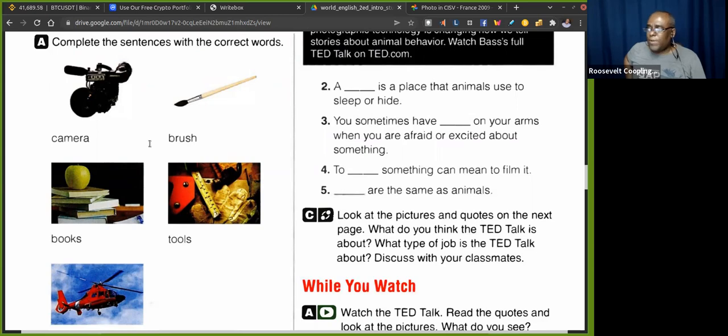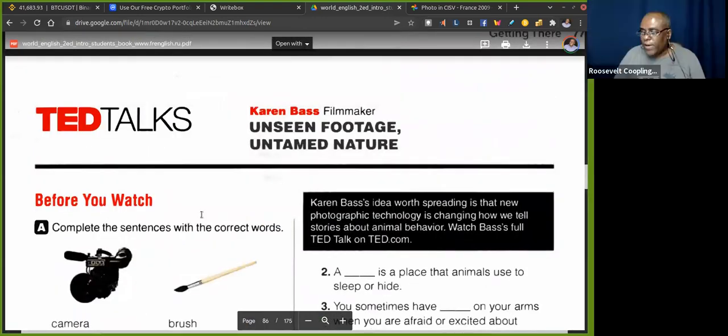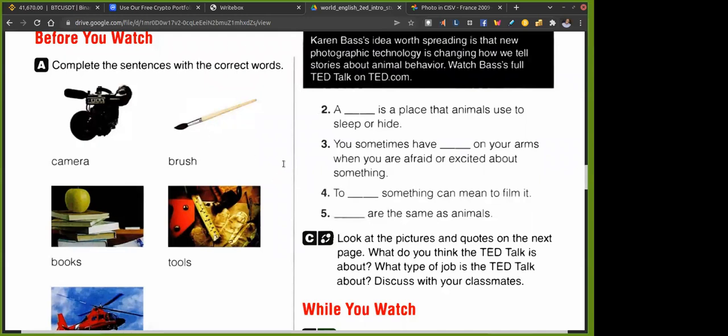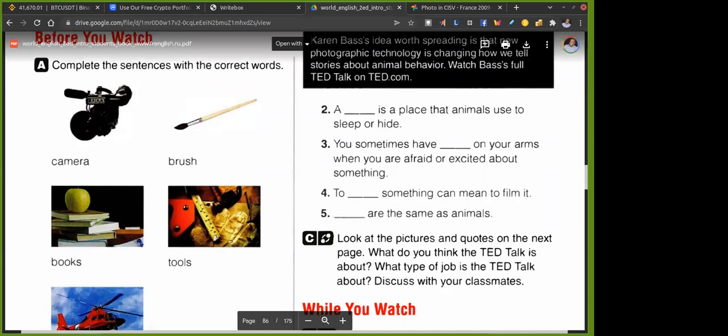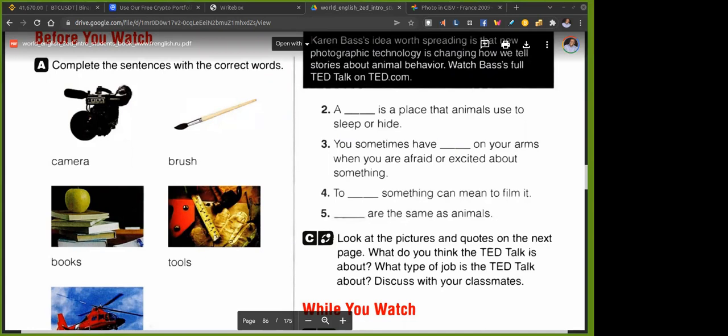Who uses a camera? The filmmakers. A filmmaker. And a brush, a paintbrush. Paintbrush, the artists. Artist or a painter? Yeah. A painter. Very nice.